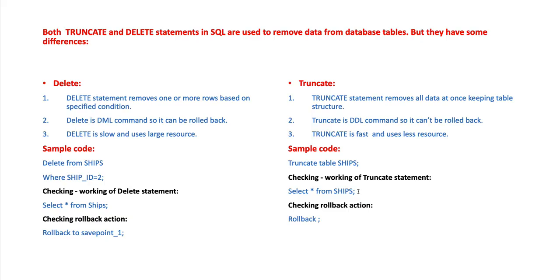Now the rollback action. We can apply the rollback action in the case of truncate, but it doesn't work. When we run the rollback command, it runs without error, but we cannot get back to a certain save point. That's why we cannot get the deleted data in the case of truncate.